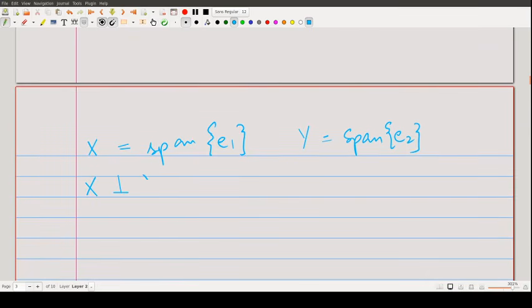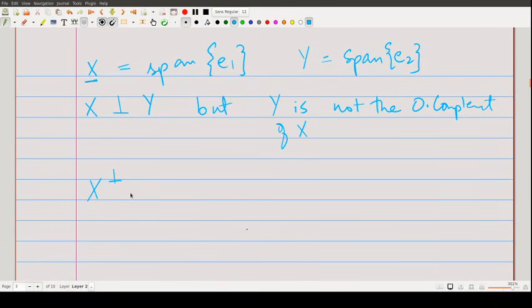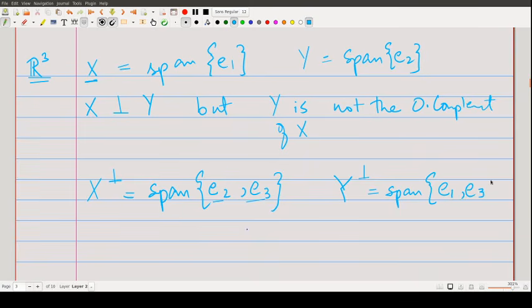X is orthogonal to Y, but Y is not the orthogonal complement of X, because the vectors that are perpendicular to vectors in X will actually be of the following form. So the orthogonal complement of X will not be just the span of E2, but the span of E2 and E3. Note that we're working in R3 right now. And similarly, the orthogonal complement of Y will be the span of E1 and E3.